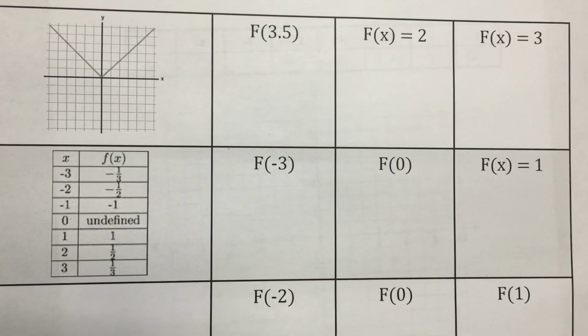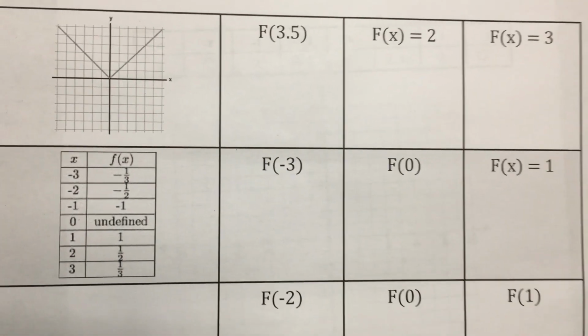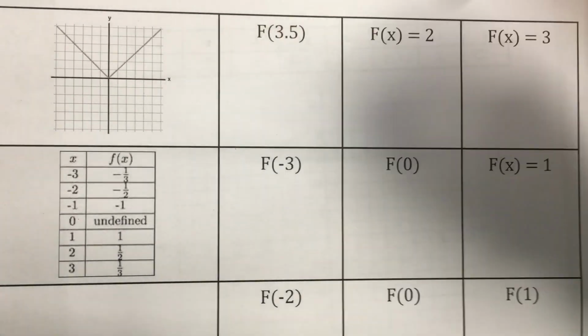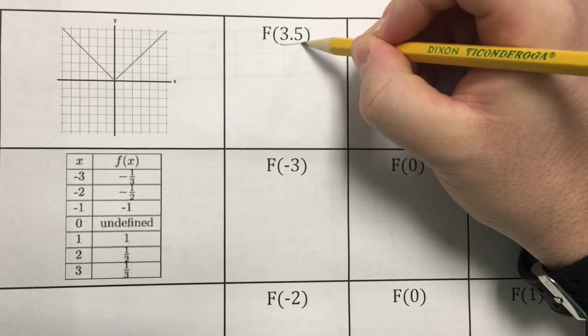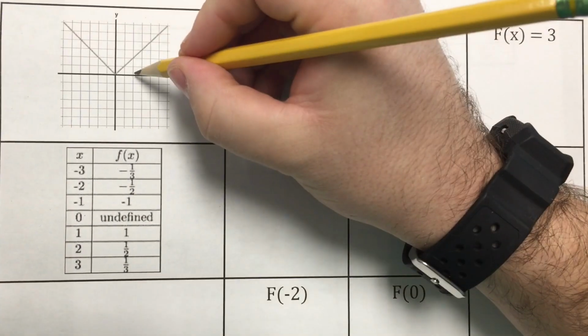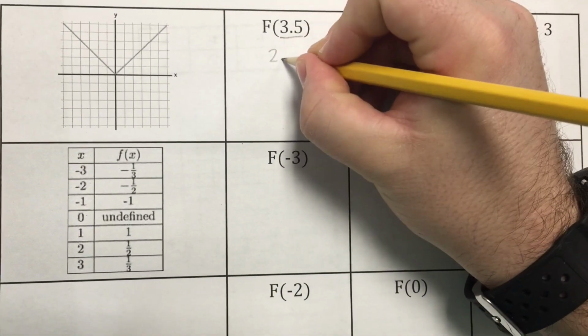Let's use our different representations and function notation to analyze some multiple representations of functions. So we have a graph. So this is referring in our function notation to an x value. So when our x is 3.5, what is our y value? Well, our y value is 2.5.